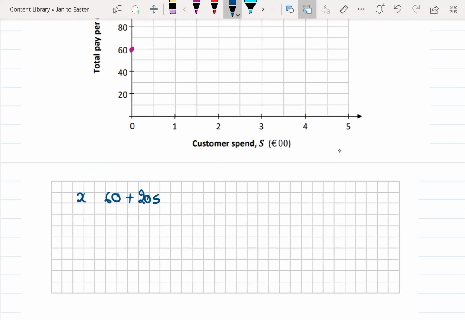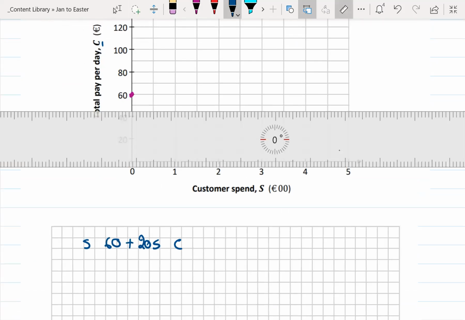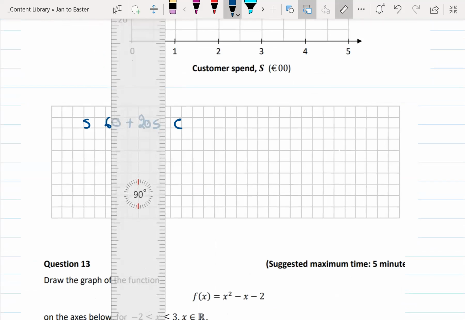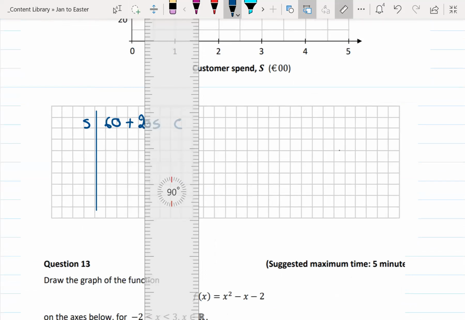Instead of x, I'm very used to putting x, but let's put s. That'll be our input, and our output will give us c, Killian. If you use x and y there, don't worry about it. That's fine, as long as you input the correct numbers and then do the calculations. So we just do ourselves a little table here.